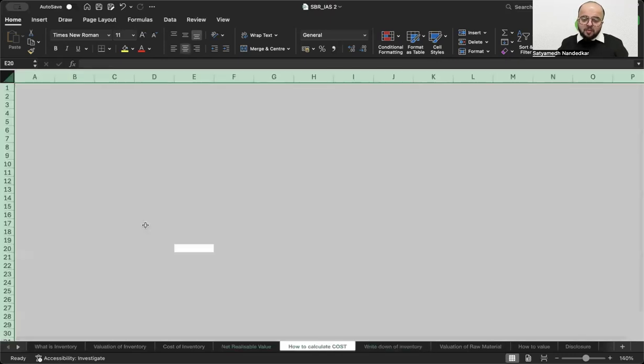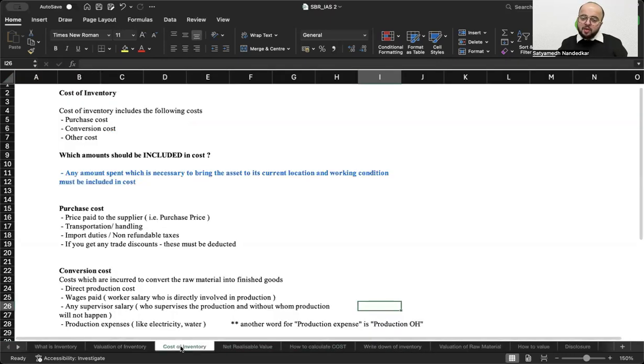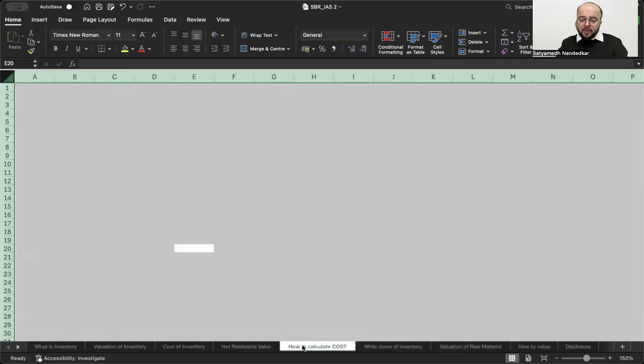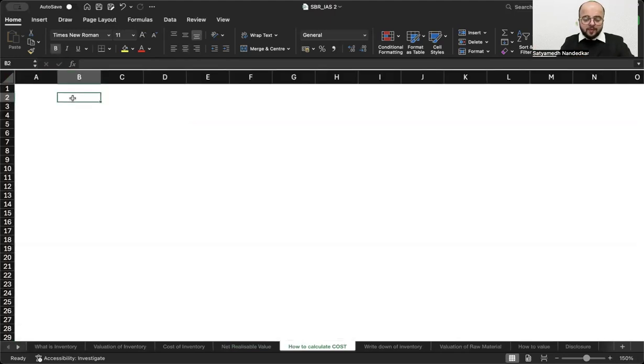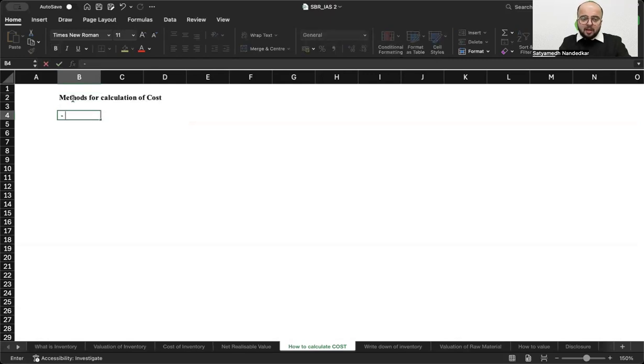Now, a question might come that you know what all is included in the cost of inventory, but how is cost of inventory calculated? There are various methods for calculation of cost. Which are these methods? The first one is the specific identification method.